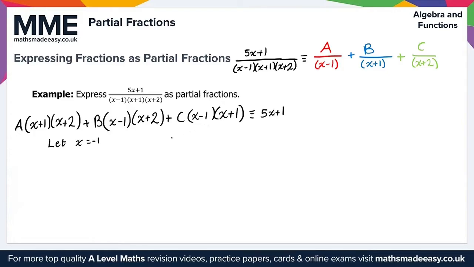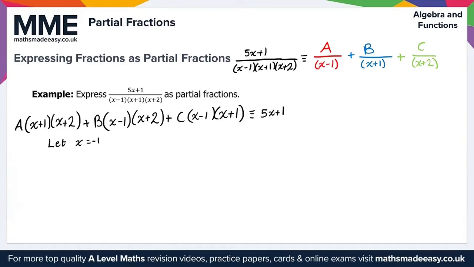And repeating that with this x plus 1 here, again substituting -1 in, we're going to get rid of the C here. So that just leaves us with our B here, so all we need to do then is substitute -1 into our brackets here, and substitute it into the right hand side here.